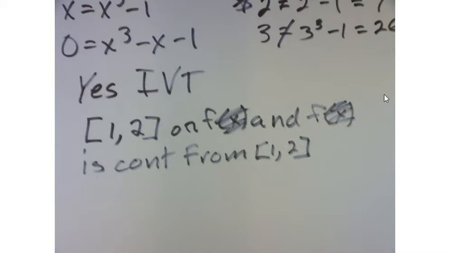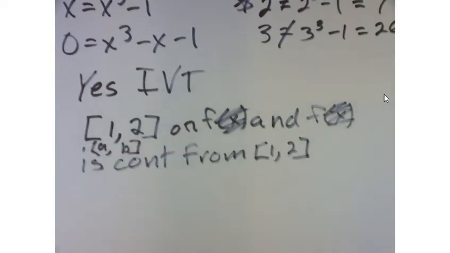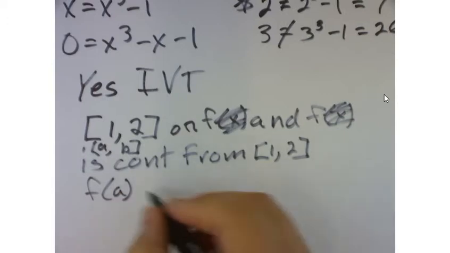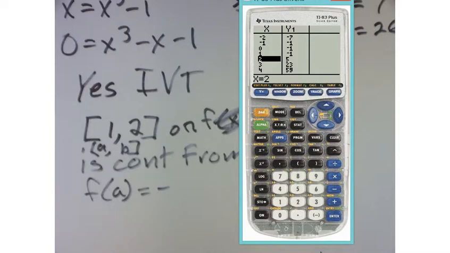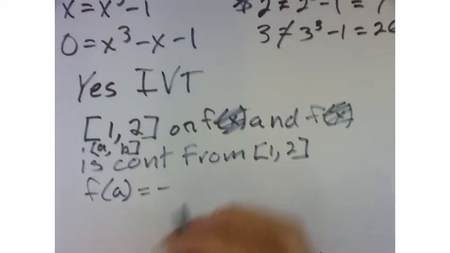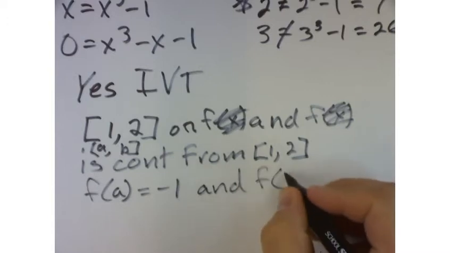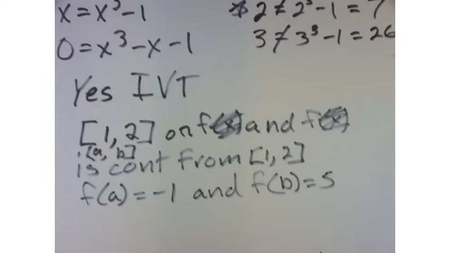So I could say 1 comma 2, these are the x values, or a comma b as the theorem defines. And I could say that f of a was equal to, what was it, negative 5 or negative 1? Negative 1, and f of b was equal to 5, right?